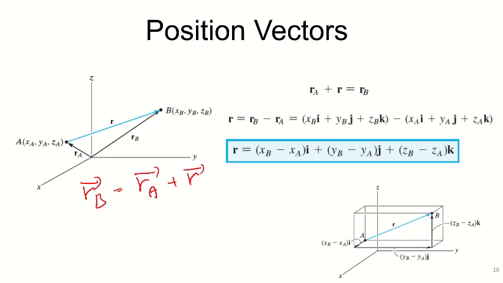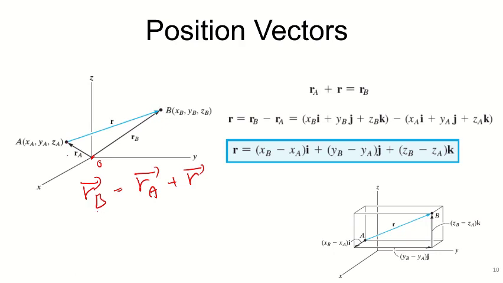So RB means the position vector of point B relative to the origin. Say this is the origin O, right? RA means the position vector of point A relative to the origin, and R is the position vector of point B relative to the point A, right?